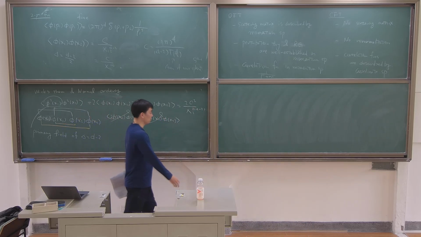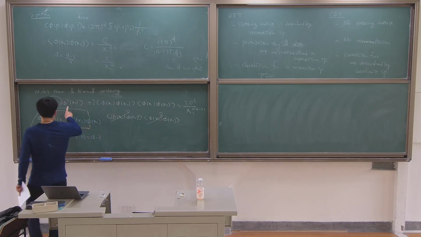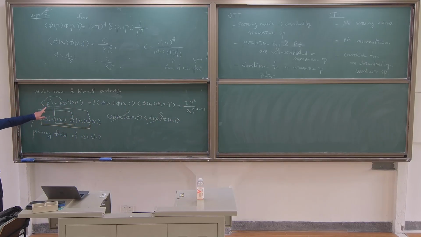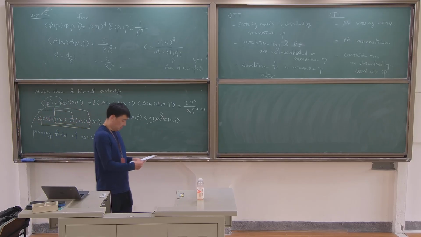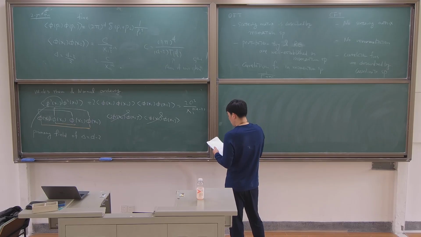It's a very simple computation, but if you try to compute this correlation function in momentum space, it's going to be very, very complicated. You have to do lots of calculation. But in CFT, you can just use Wick's theorem and normal ordering to compute this.